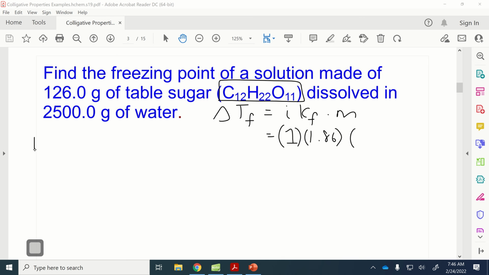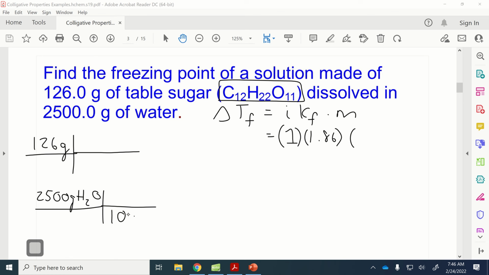So I need to change this into moles, and I need to change the 2,500 grams of water into kilograms. I'll show that calculation first because I need to go back and find the molar mass. It would be 2.5 kilograms of water. For sugar, 12 times 12.01.